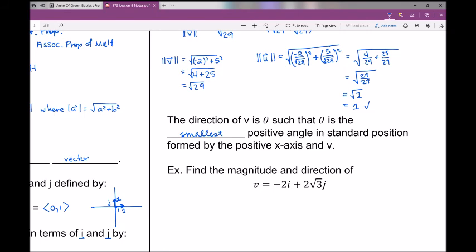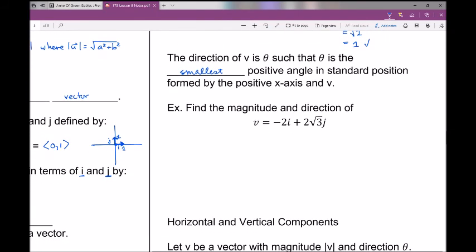It goes back to that polar idea of going over some radius and around some theta. Let's work with an example. Let's find the magnitude and the direction of the vector negative 2i plus 2 square roots of 3j. Here, the first thing I would do is again identify your coordinate. This would be really similar to finding the argument of a complex number.